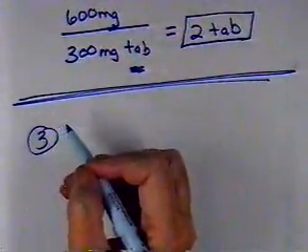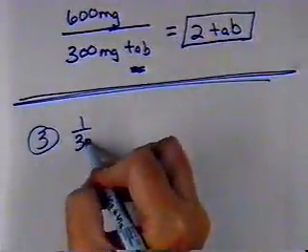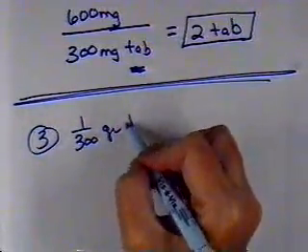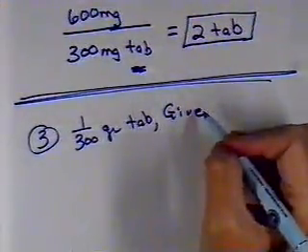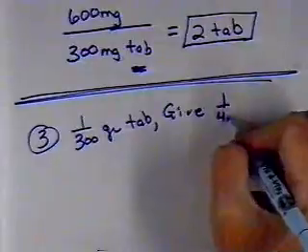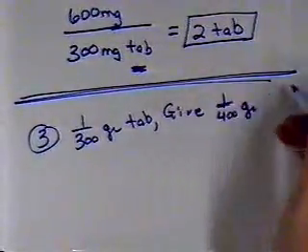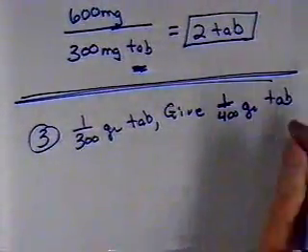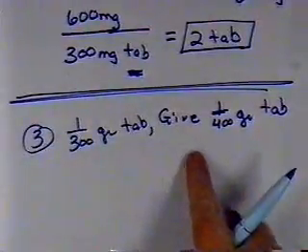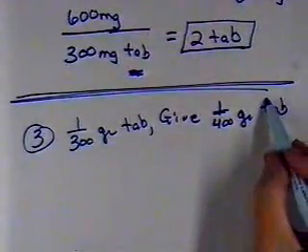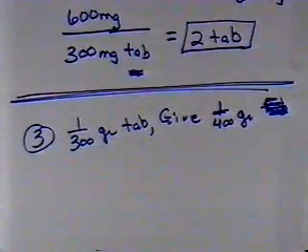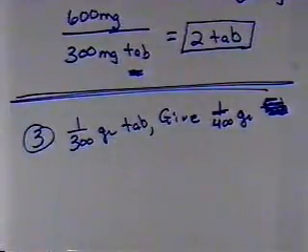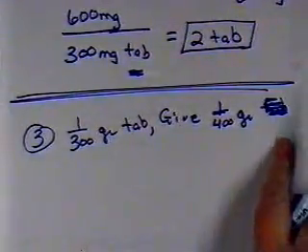Number 3, 1/300 grain tablets, give 1/400 grain. Here I just had a typing error where I had "give 1/400th grain tablet." Mark off the word tablet after 1/400th grain, that shouldn't be there.